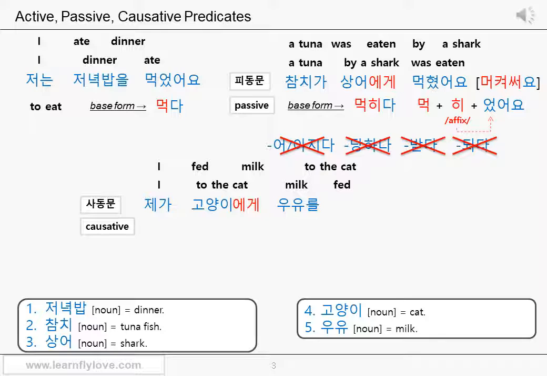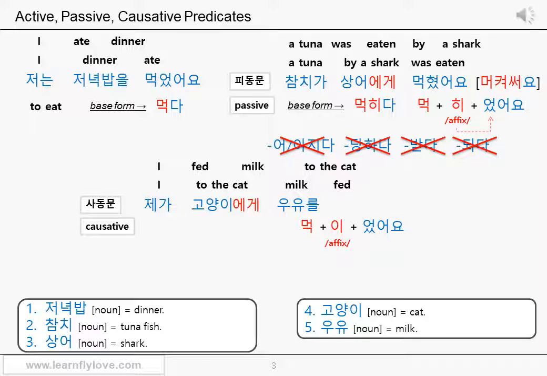Fed. This is the important part again. Please listen carefully. We are going to make a causative form with the stem of the active form 먹다. When you make a causative form of the verb 먹다, you add the affix 이. Okay? This time, 이, not 히.